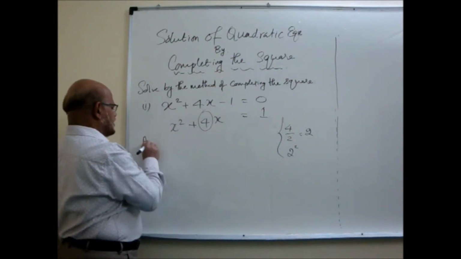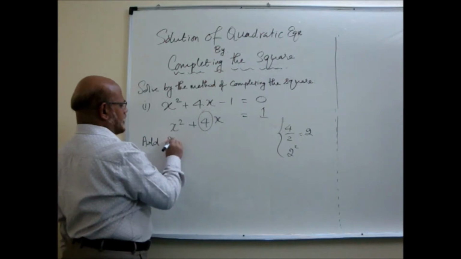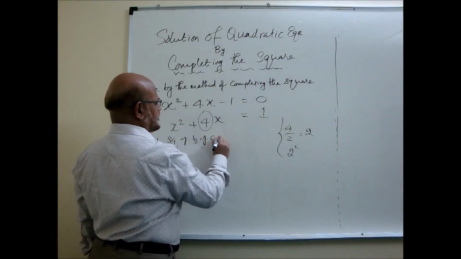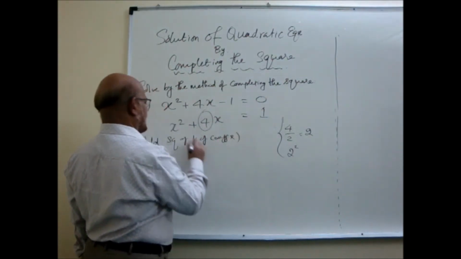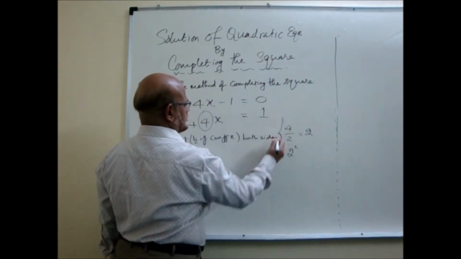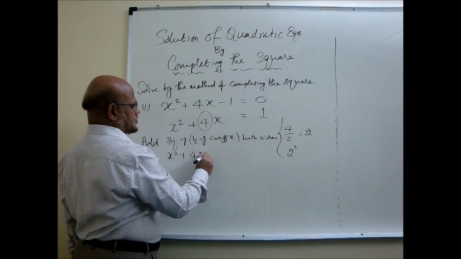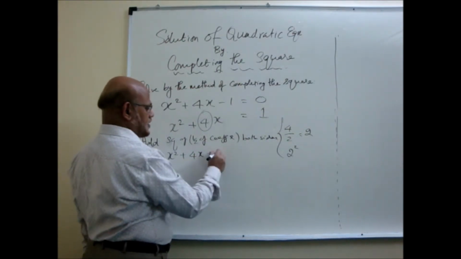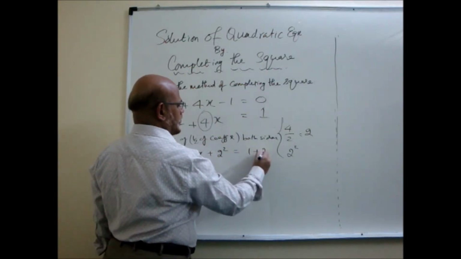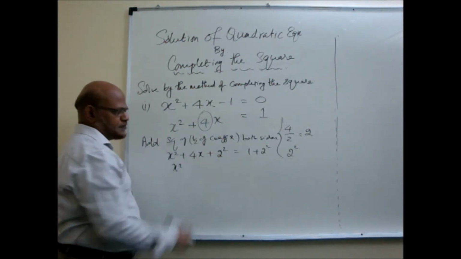Here we get x square plus 4x plus 2 square, that is 4, and the other side also I add 2 square.